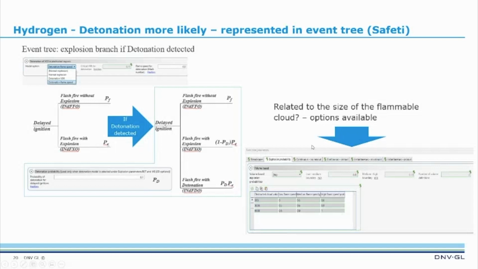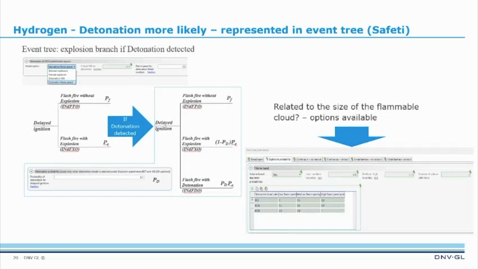There's also probably not a well-known feature of Safeti that could be used, which is this volume-based method where you can define different probabilities depending on the volume of the obstructed cloud.